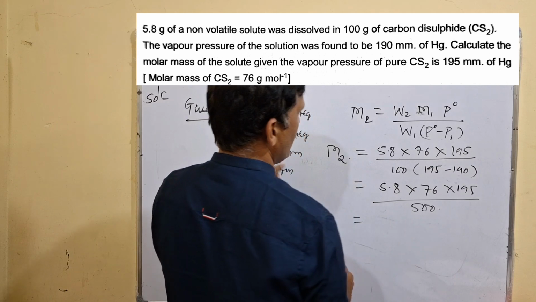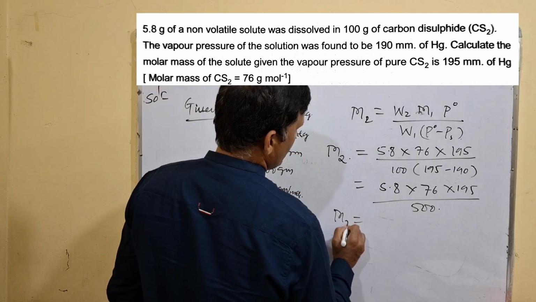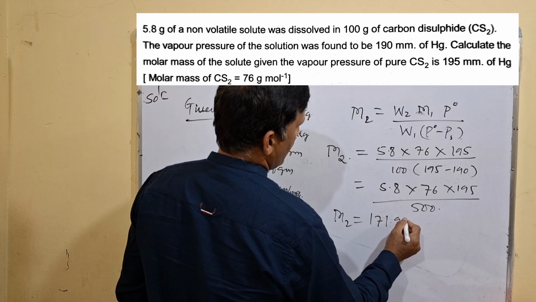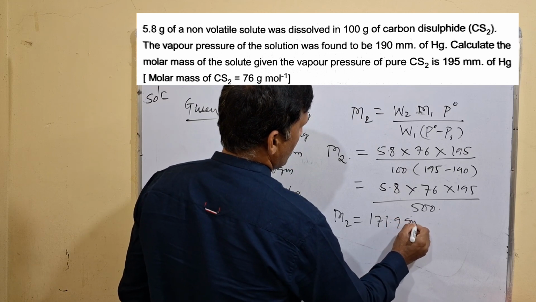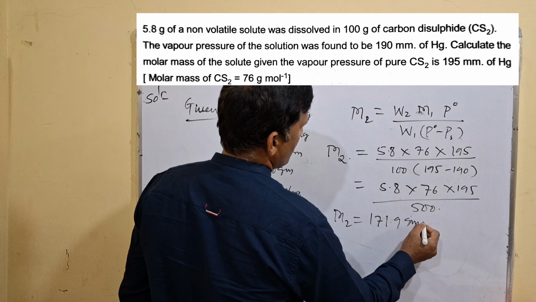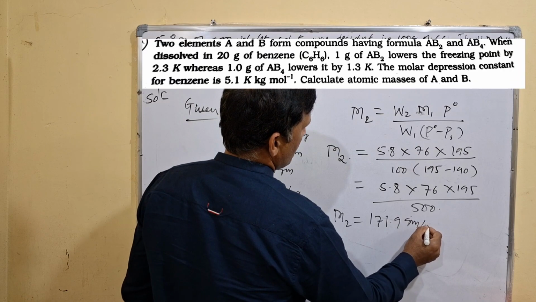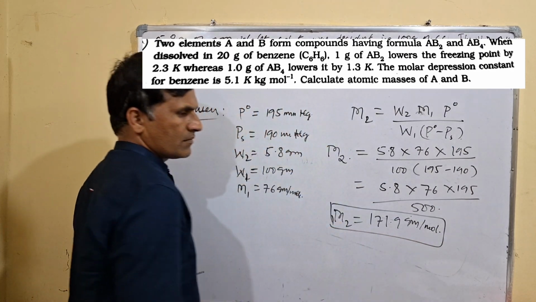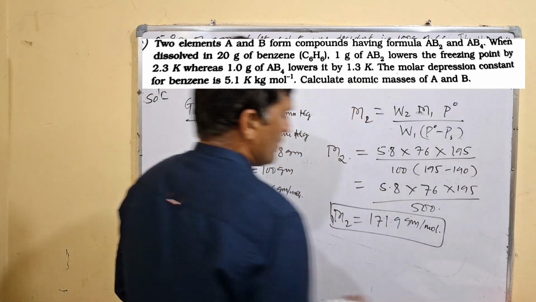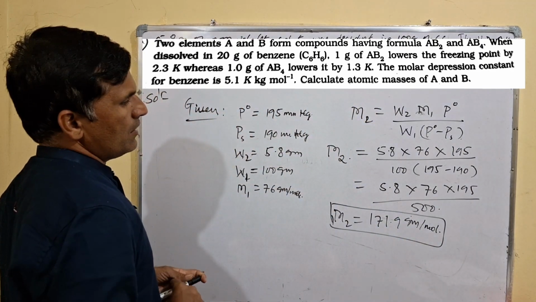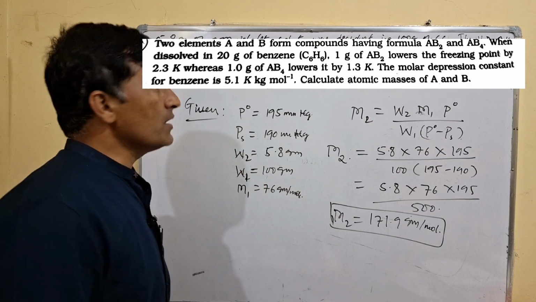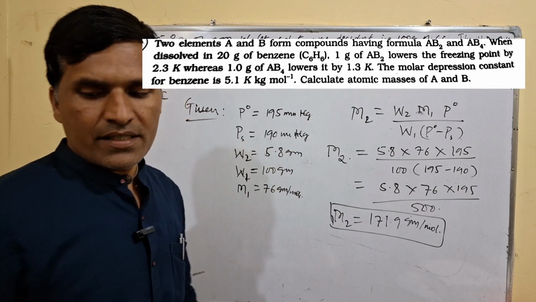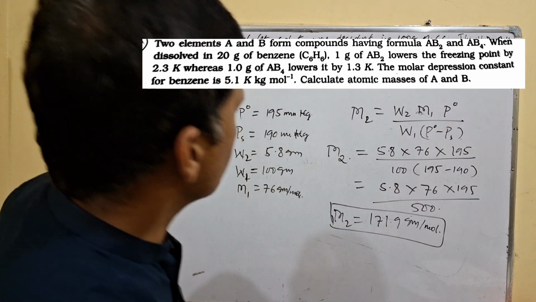Therefore M2 is equal to 171.9 gram per mole. So this is how we are going to solve the problem on vapor pressure. The second problem we have done on this. Next, let us move on to the next problem.